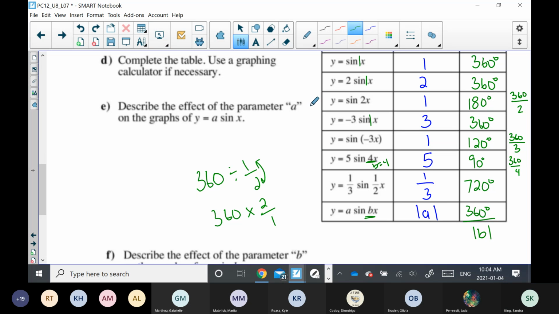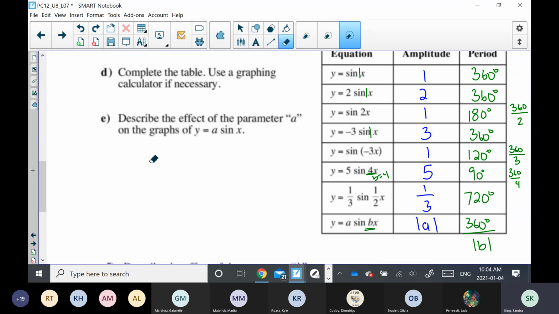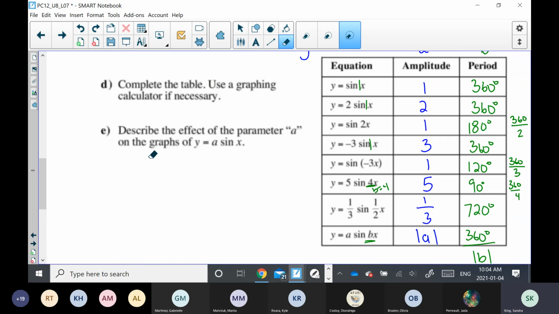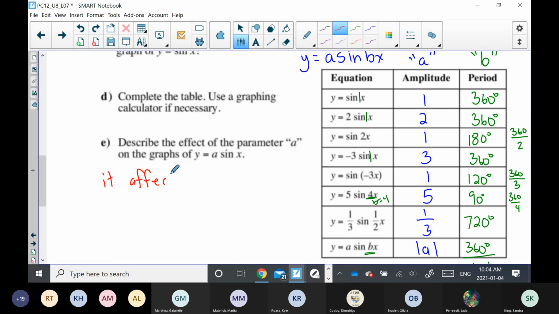Okay, E, describe the effects of parameter A on the graph. So A, remember, changes the amplitude of the graph. So it affects amplitude.